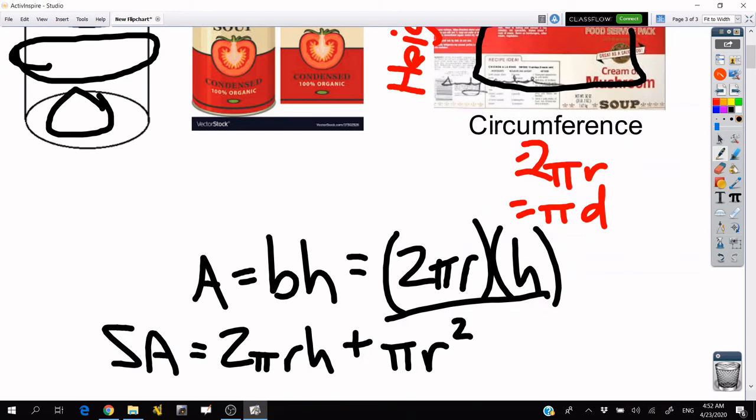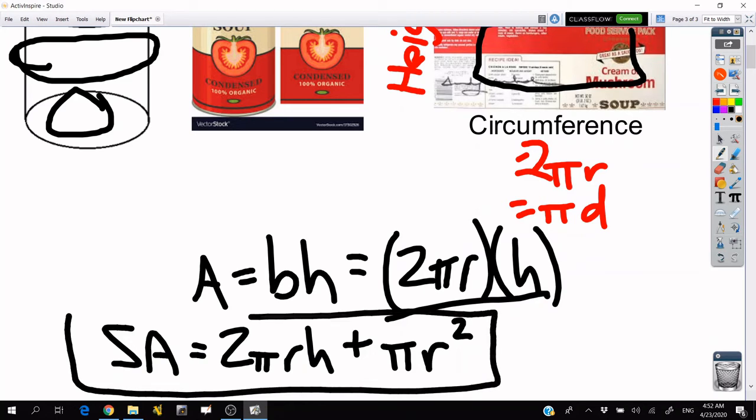So here we get our surface area equation for a cylinder. But the thing I would really like you to take away from it is the only new thing is this idea of lateral surface area, that can label as a rectangle. And so then you have the base times the height, and the base is just the circumference of that circle, plus the two other sides.